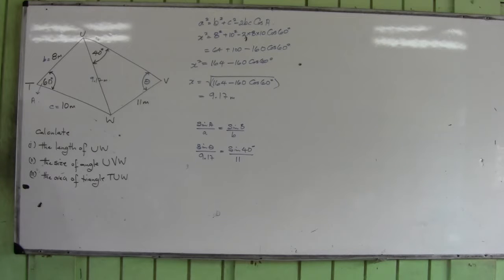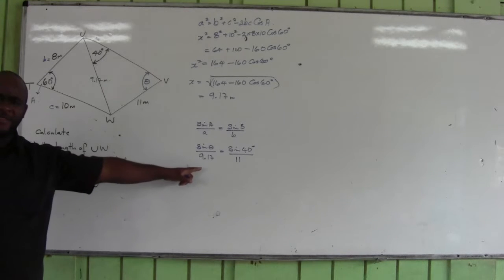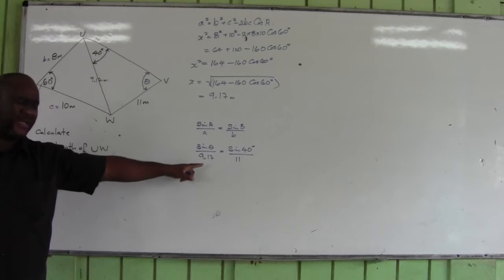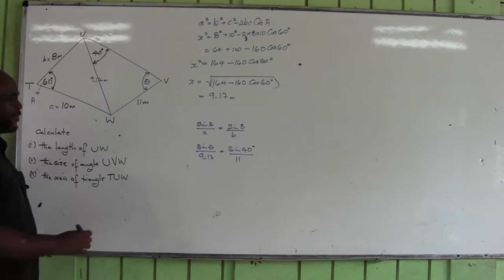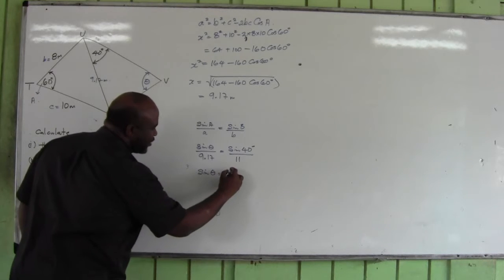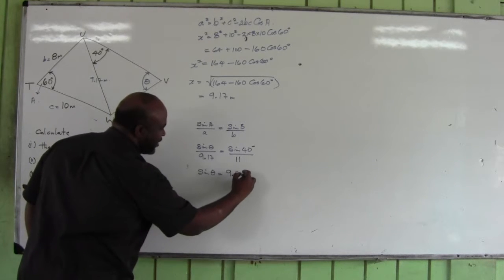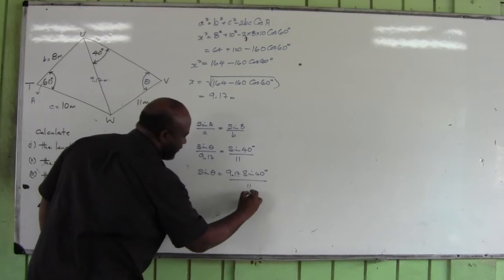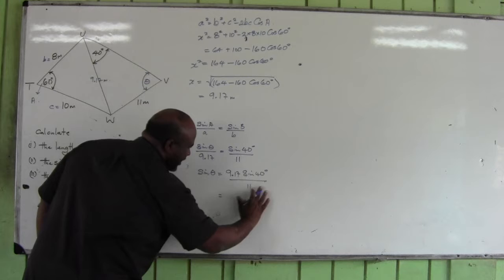Alright, I want to find sine theta. I need to get rid of the 9.17. I'm going to multiply both sides by 9.17. So I'm going to end up with sine theta is equal to 9.17 sine 40 degrees over 11. Put this in the calculator.